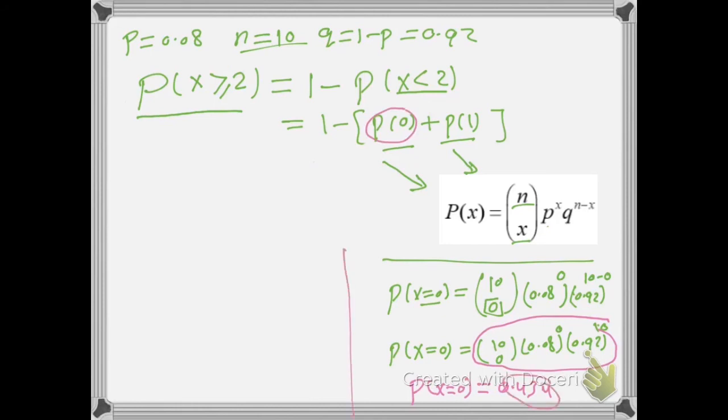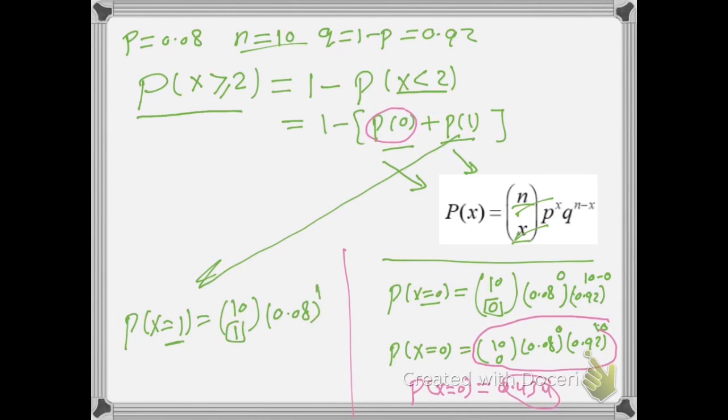Let's now compute the next one. Probability x equals 1, I will use the same formula again. Then it will be combination n and x. n equals 10, for this case x equals 1. After that, I will put the value of p, 0.08 to the power x, this is to the power 1.